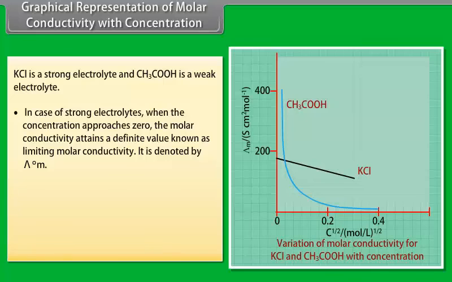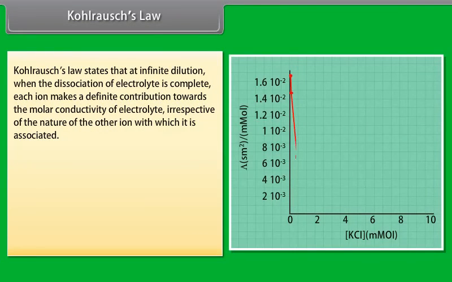R2 = R1 × R4/R3. Knowing the values of R1, R3, R4, the resistance of the electrolytic solution R2 is calculated. The reciprocal of R2 gives the conductance of the solution.